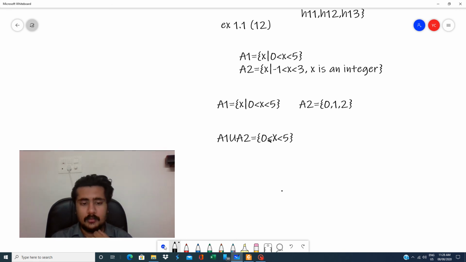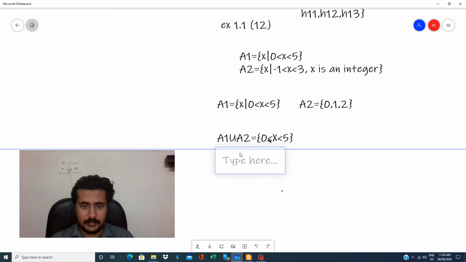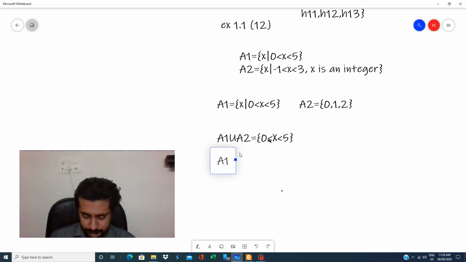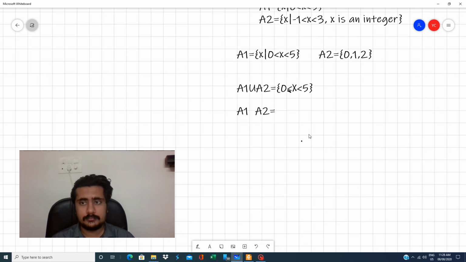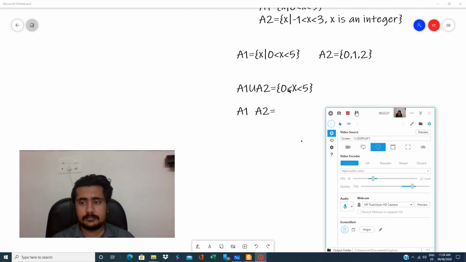Now A1 intersection. What is A1 intersection A2? Yes.